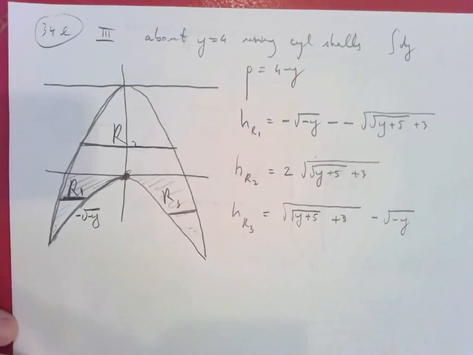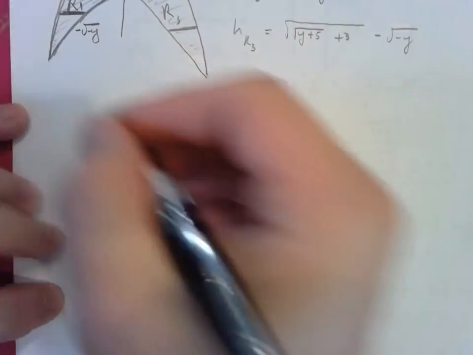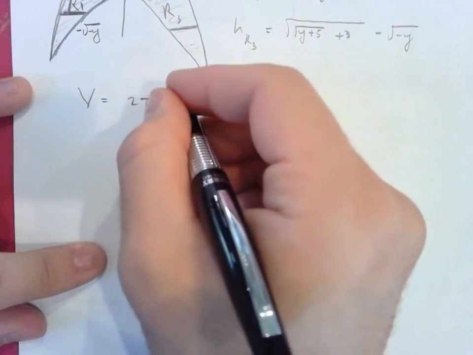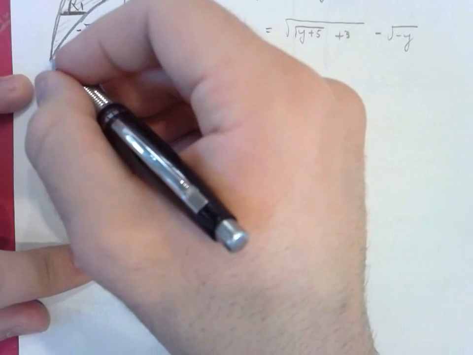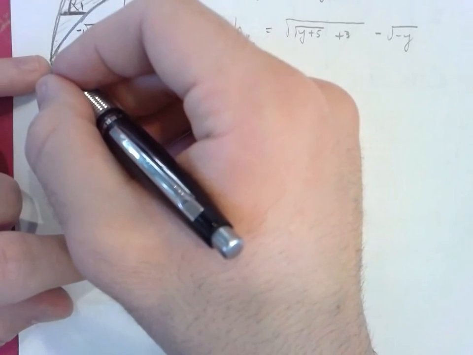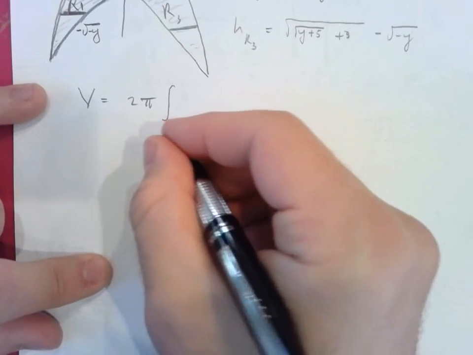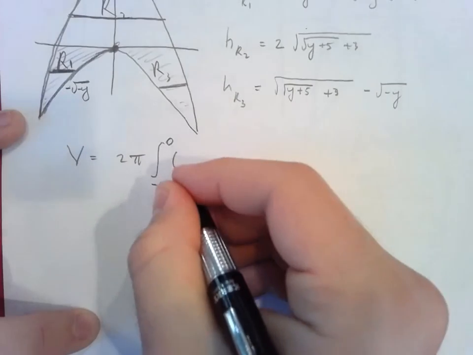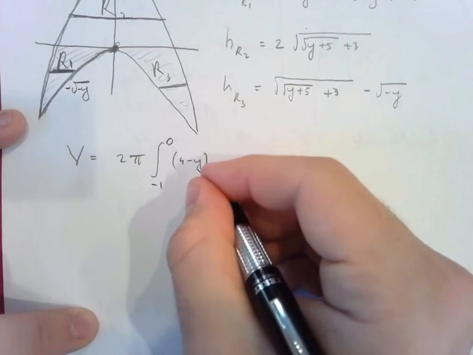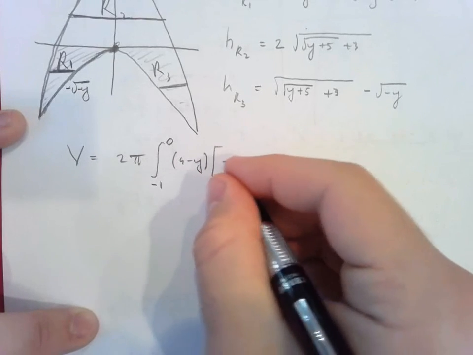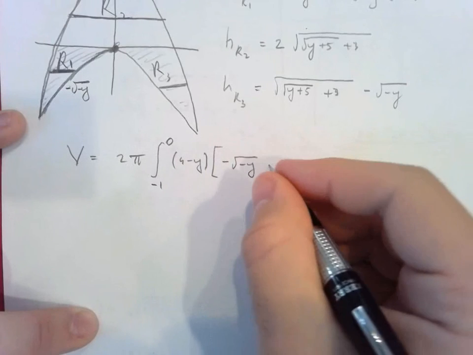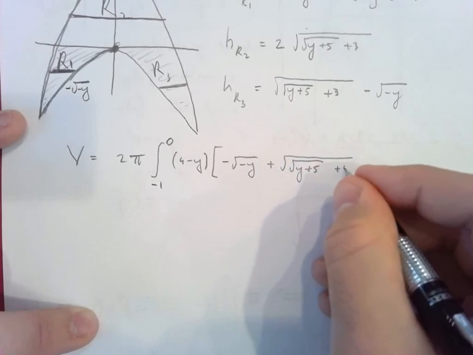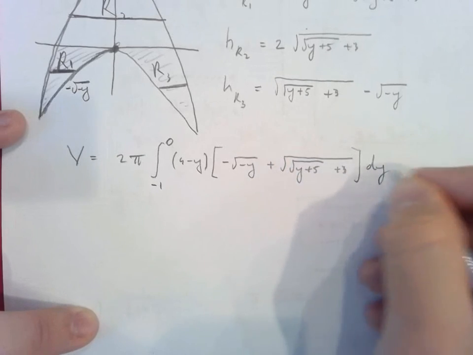So now I can set up the integrals. Right, so the volume is going to be, let's see, 2 pi integral, y goes from, we saw this was minus 1 to 0, of rho, and that's 4 minus y, times h over region 1, dy.